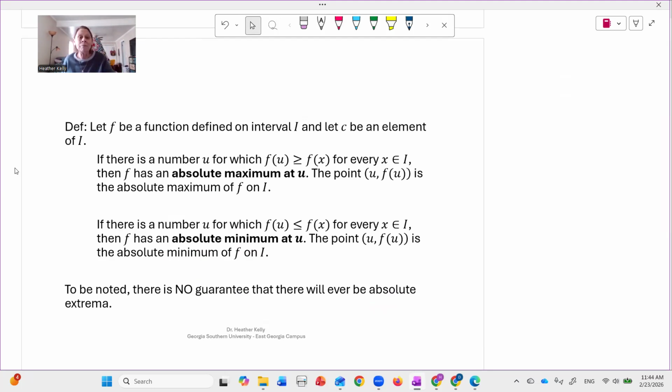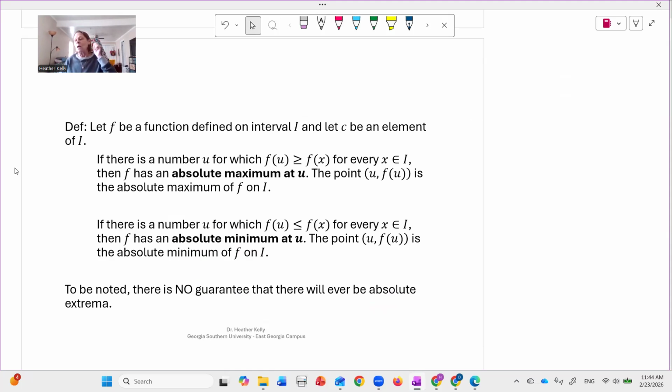Additionally, same thing, but if f of u is less than f of x for every single value on I, then f has an absolute minimum at u, and the point u, f of u, is the absolute minimum of I. To be noted, there is no guarantee that there will ever be absolute extrema.